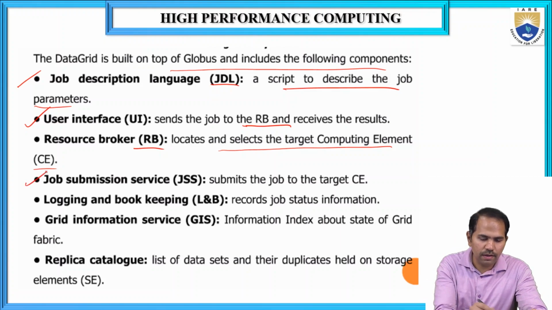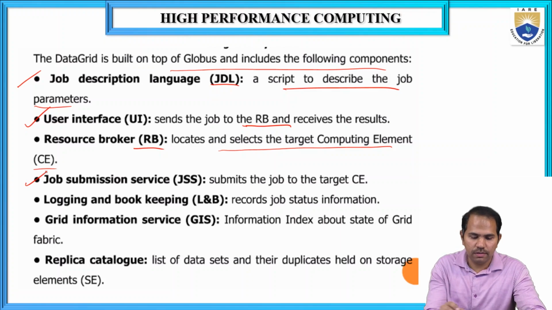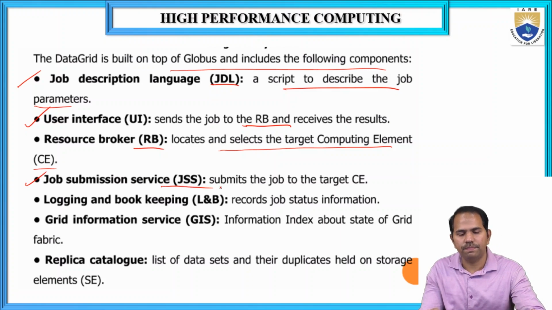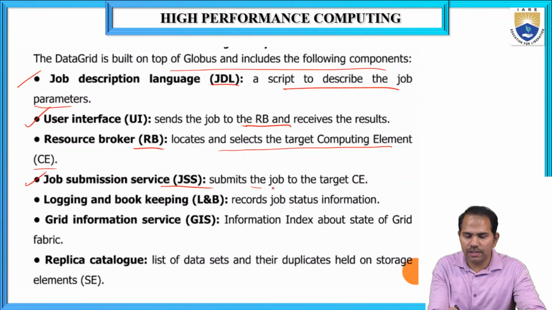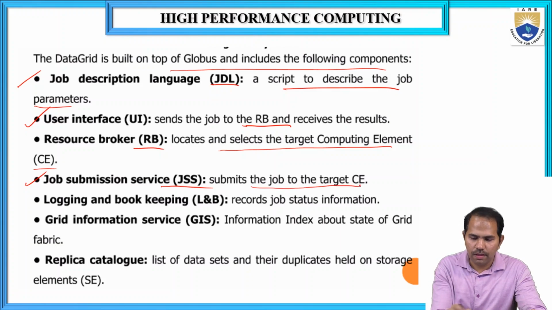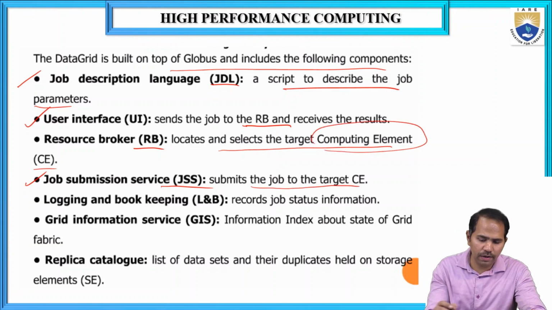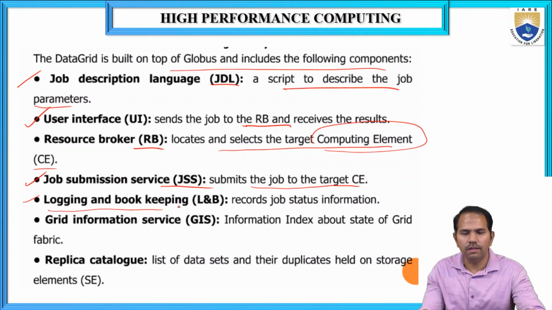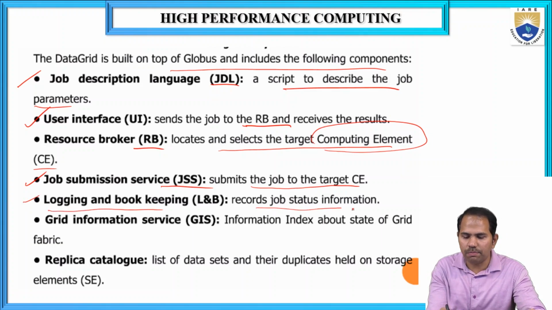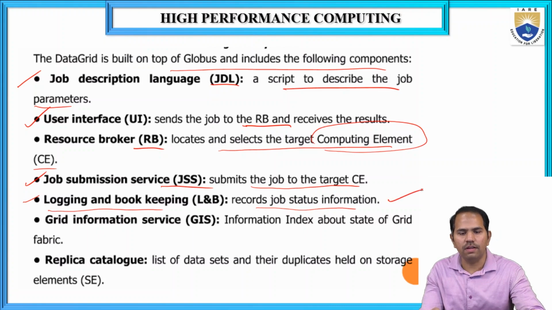Another is the job submission service, JSS, which submits the job to the target CE. CE is a computing element. Next is LB, logging and bookkeeping, which records job status information.